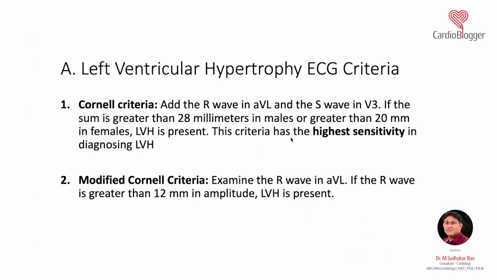So a right atrial enlargement, we have so many things. First, it will produce a P pulmonale, that is in lead 2 more than 2.5 mm P wave, and in lead V1 it is more than 1.5 mm P wave.